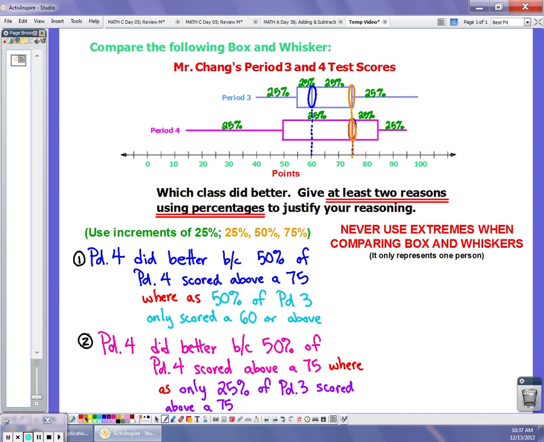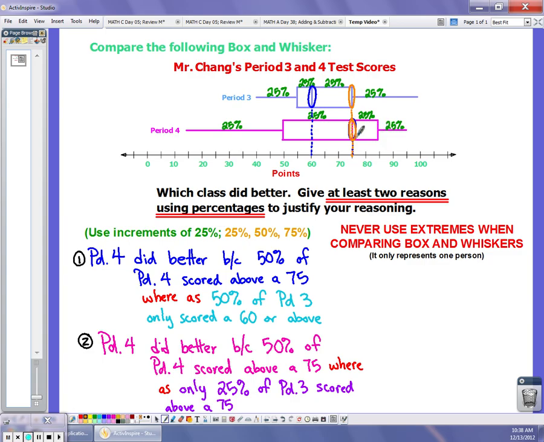So what I did was look at where a quartile and a median lined up with one another. I could compare a median with a median, or a quartile with a quartile, which we said verbally, and that also showed that period 4 did better. Or I could compare a median with a quartile if they line up.